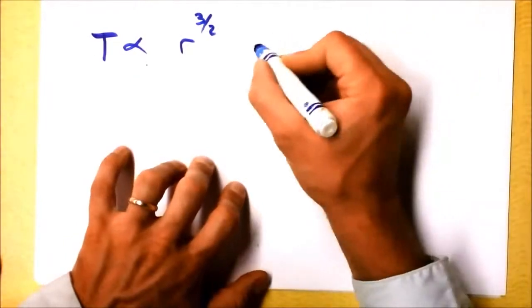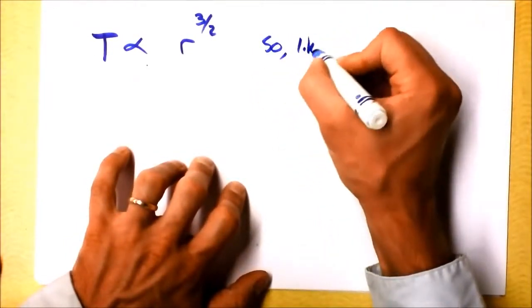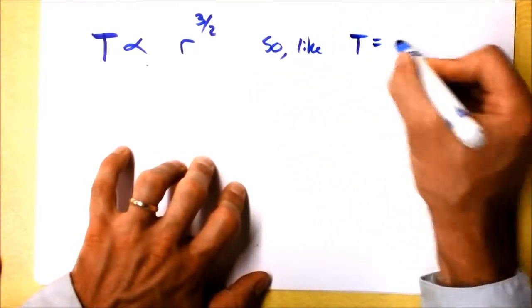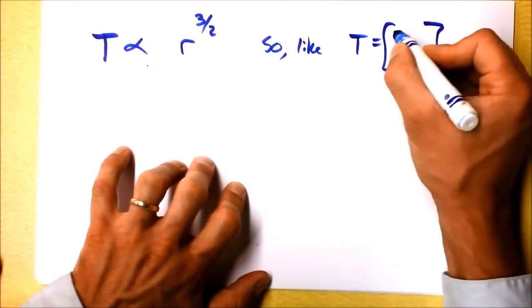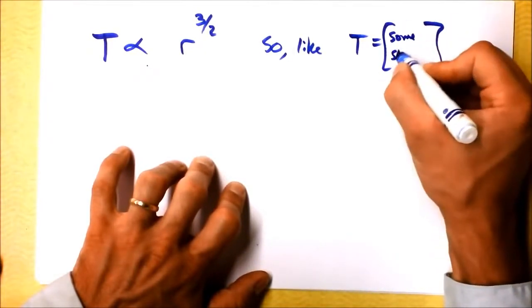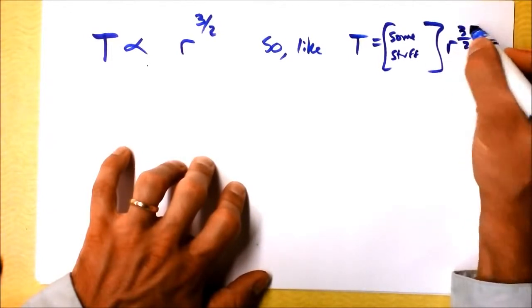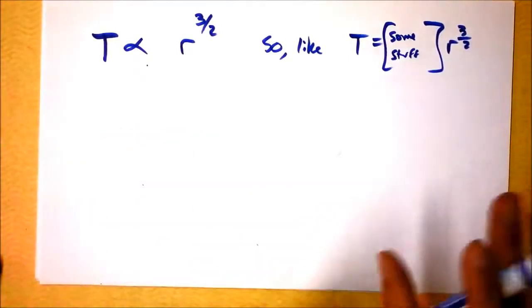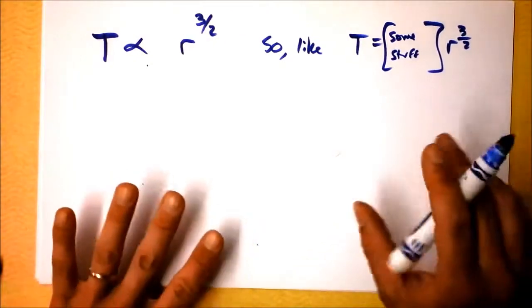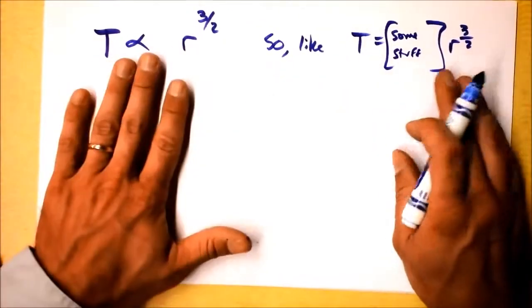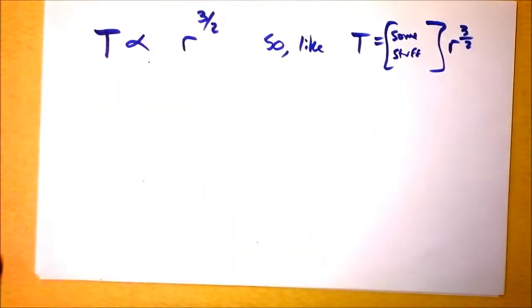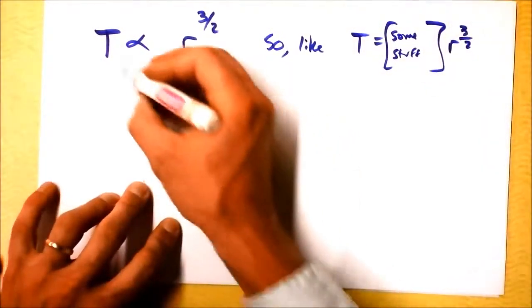And that means the same thing: T equals some stuff times R to the 3/2. So let's see if we can derive that, though. It's actually not that bad. Kepler wasn't able to do this, but Newton came along, what was it, 80 years later or something, and Newton says, this is Kepler's third.